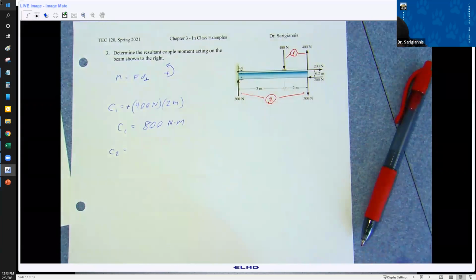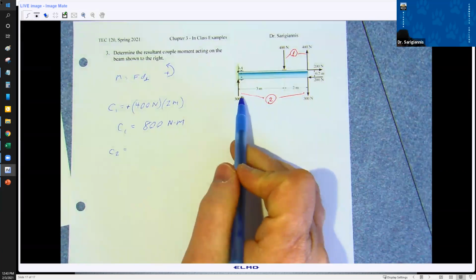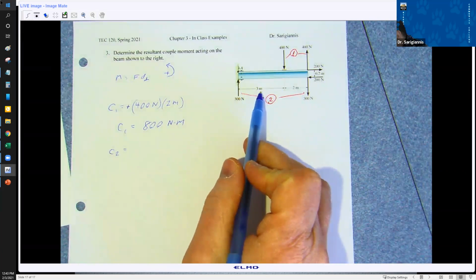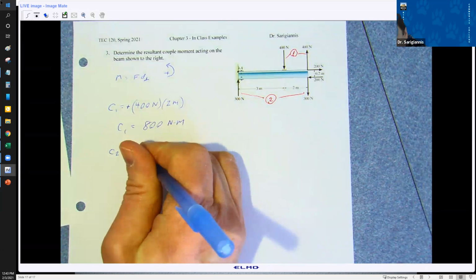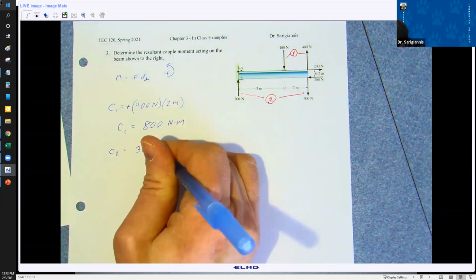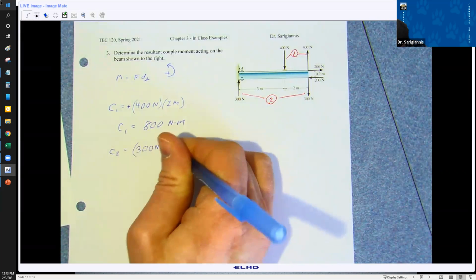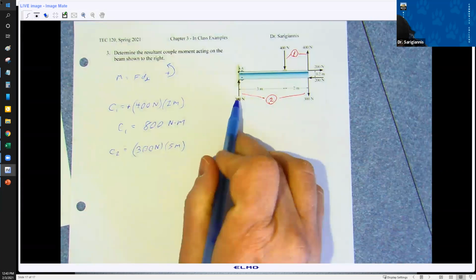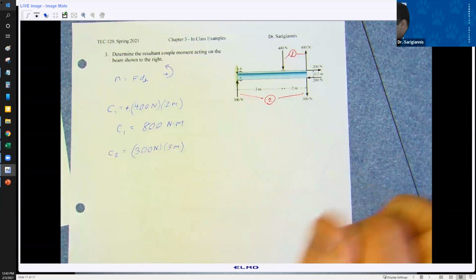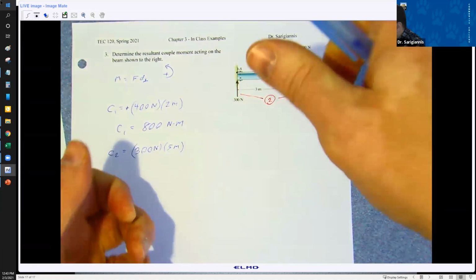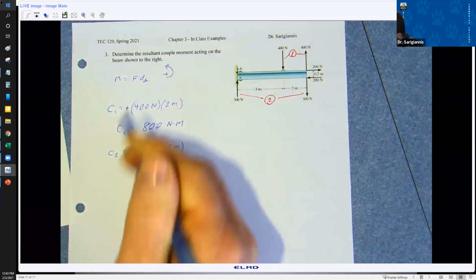Number 2 has 300 Newtons acting at a perpendicular distance of 5 meters. Now, this set of forces wants to create a clockwise rotation, which is a negative.